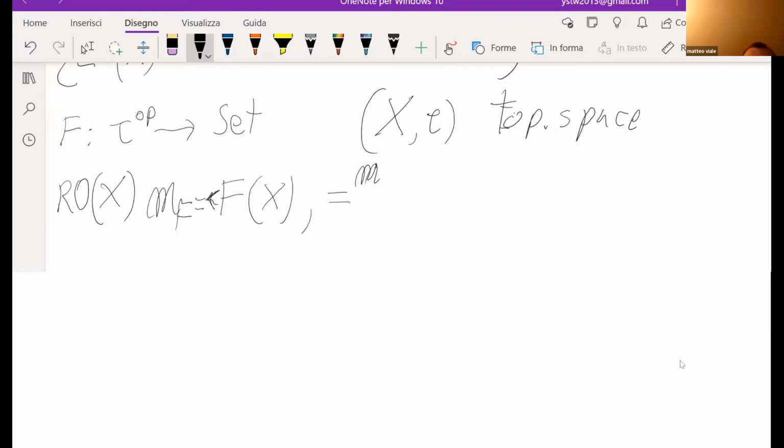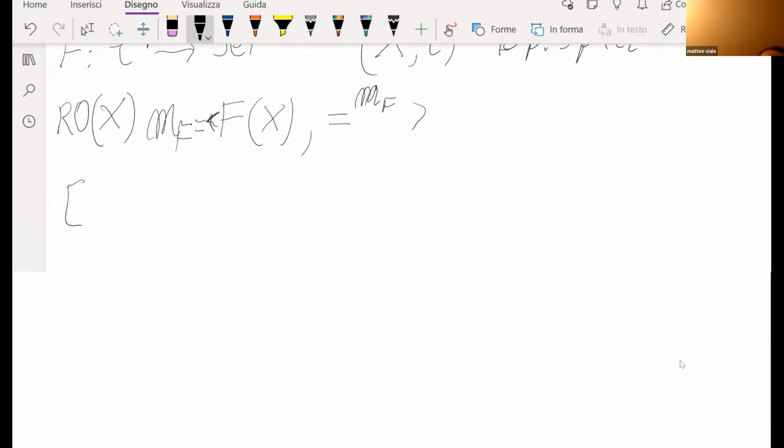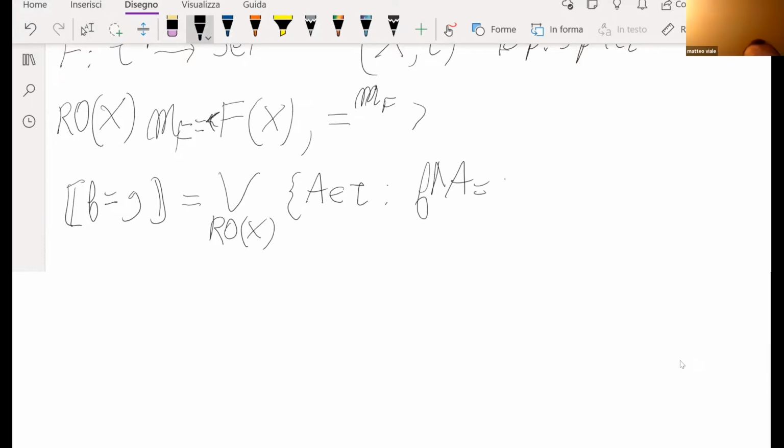So equality in M(F): what is the degree of f equal g, where f and g are global sections? The abstract definition is the supremum, over this Boolean algebra, of the elements A in the topology such that f restricted to A is equal to g restricted to A.